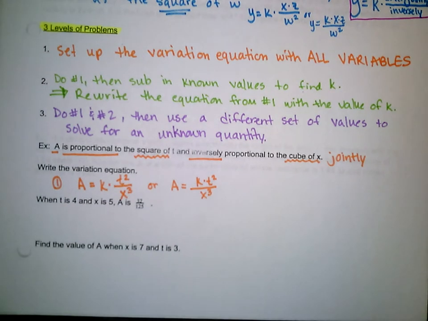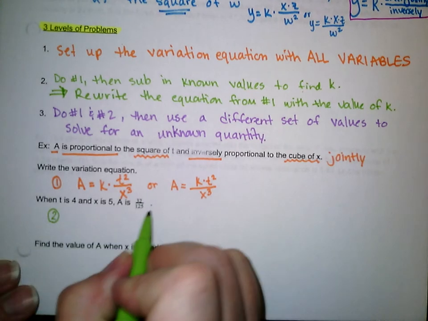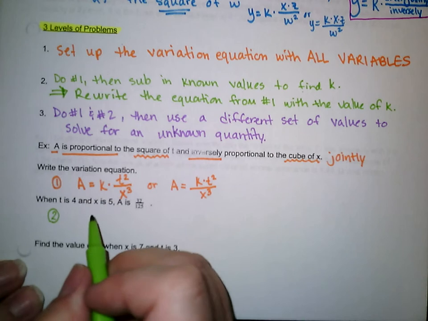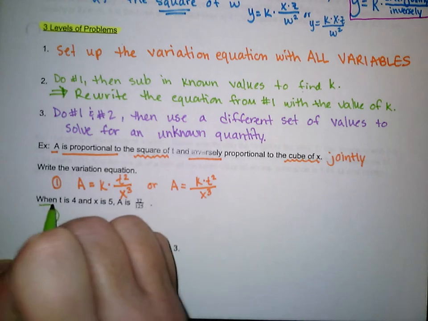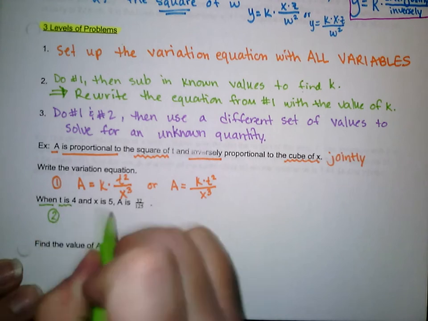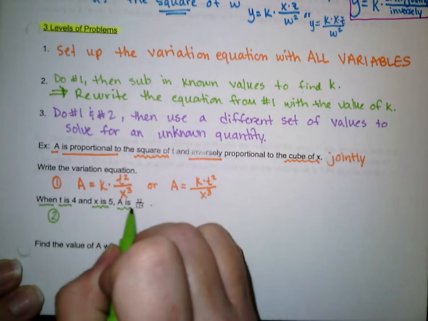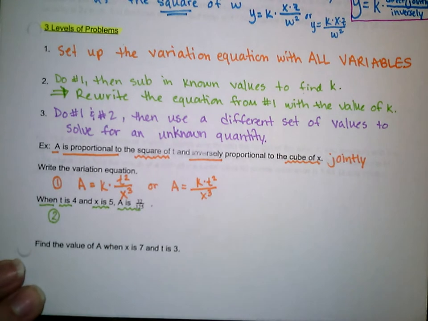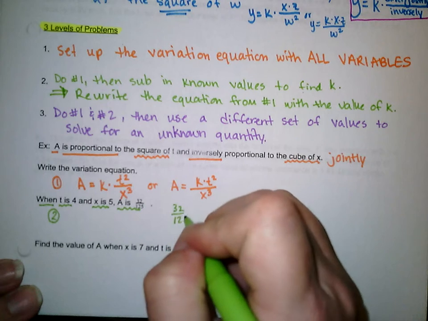Then in level 2, they're going to go a step further and give you a complete set of information so that you can solve for k. So you say when t is 4 and x is 5, a is 32 over 125. So we just plug those in. So a gets 32 over 125.